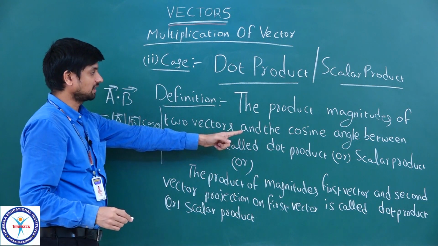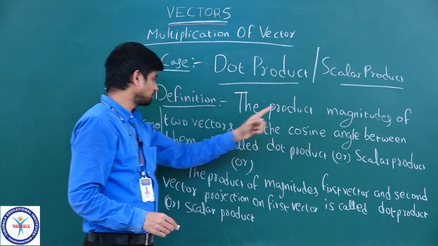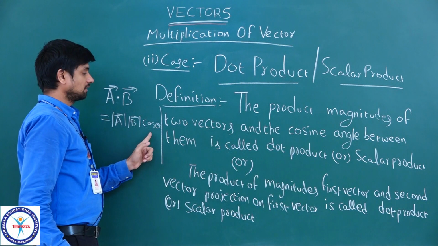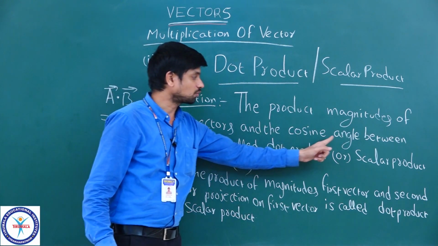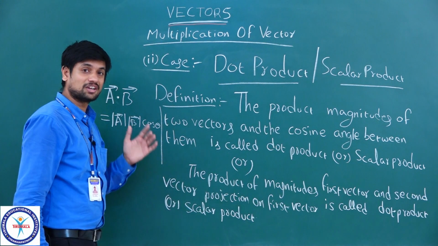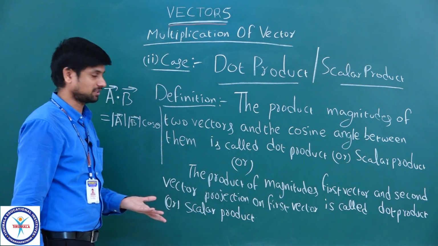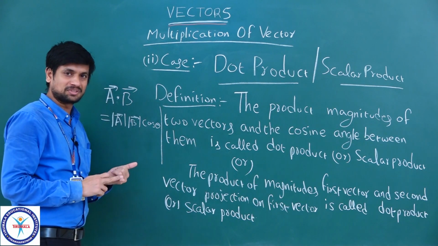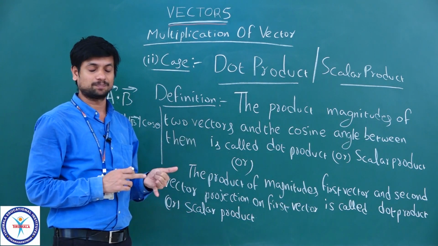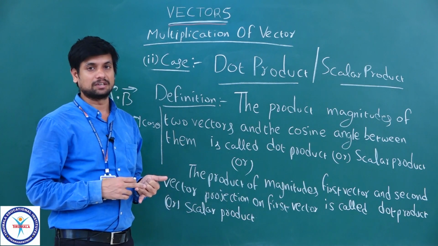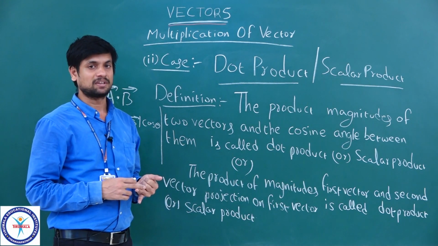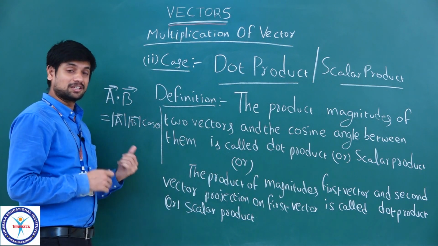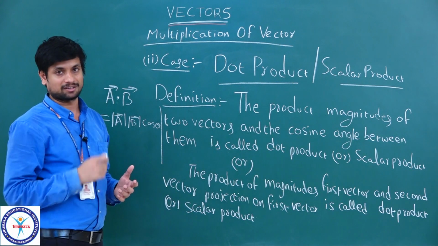The product of the two magnitudes and the cosine of the angle between them is called the dot product or scalar product. Gibbs and Oliver Heaviside used this word, but later William Clifford, in 1877, identified the fact that the dot product gives you a scalar, not a vector.